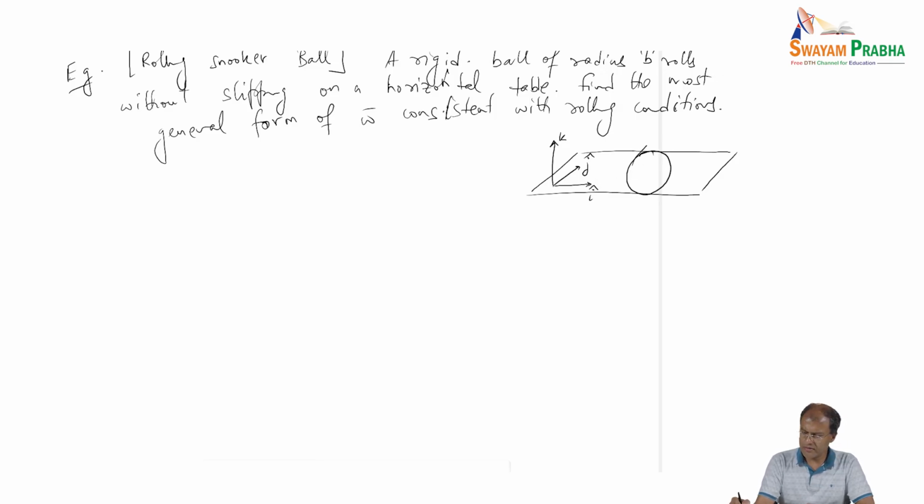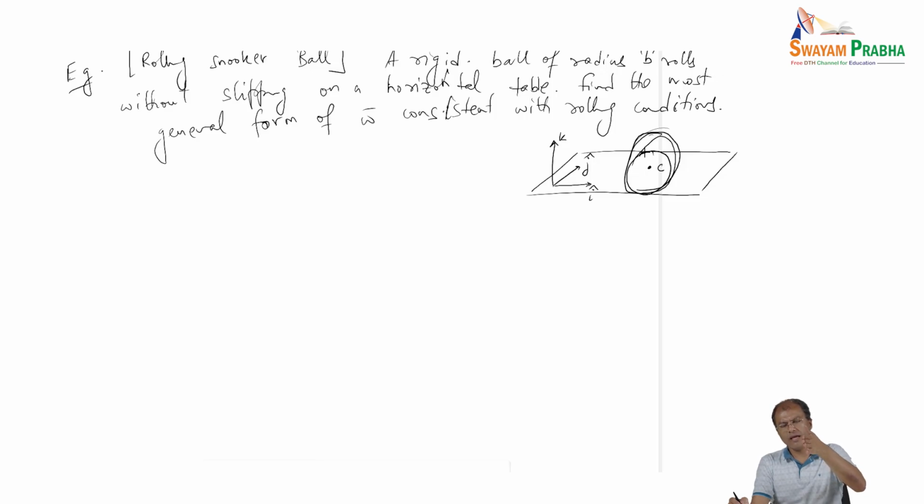Let us say we fix the center of the ball to be C. Typically when we push this snooker ball, the push may or may not be along the diameter of the ball.